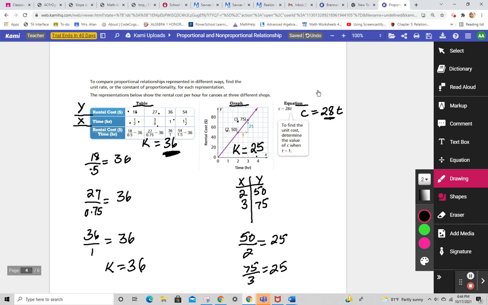So if we compared the three, this one here has the greatest constant ratio. This one here basically will cost the most.